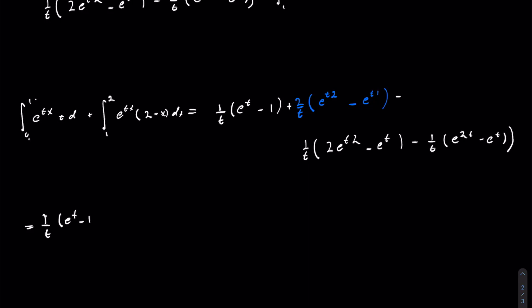e to the t minus 1 plus 2, like that. Let me just, yeah, right. So I keep on tricking myself. It should be parentheses like this. 2t, e to the 2t minus e to the t. And then there's a minus here.